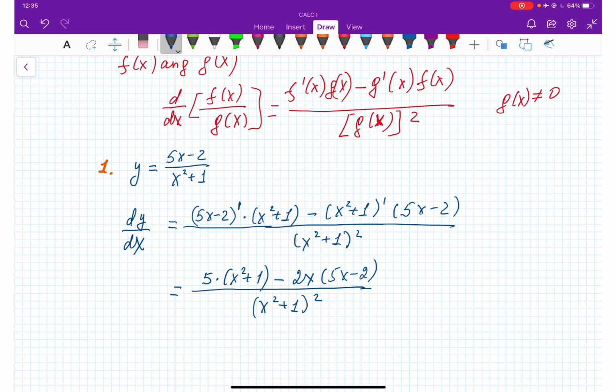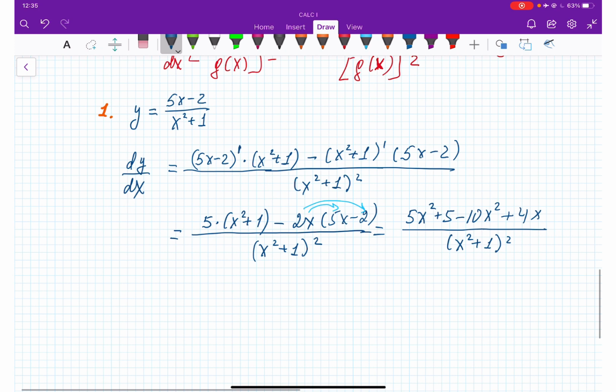Okay. Well, let's see. We are getting 5x squared plus 5 minus 10x squared plus 4x, right? Here it is, 10x squared and then plus 4x. And divided by x squared plus 1 to power 2.